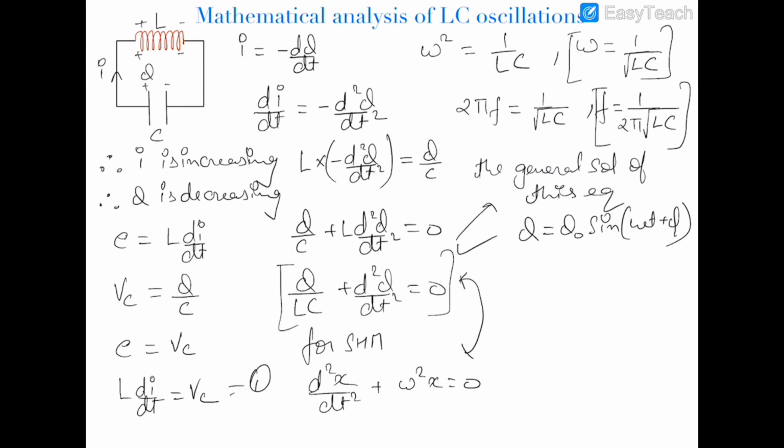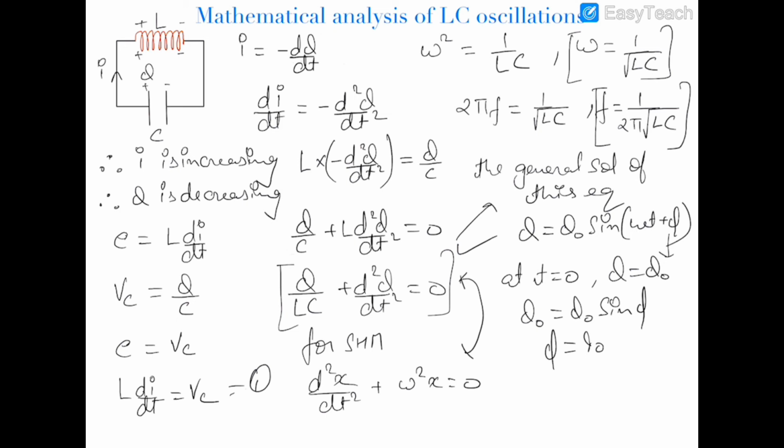So we just need to find this phi, the initial phase. We can apply the boundary condition that at t is equal to 0, the charge was equal to q naught, the maximum charge. So q naught will be equal to q naught sine phi, so phi will be equal to 90 degrees.